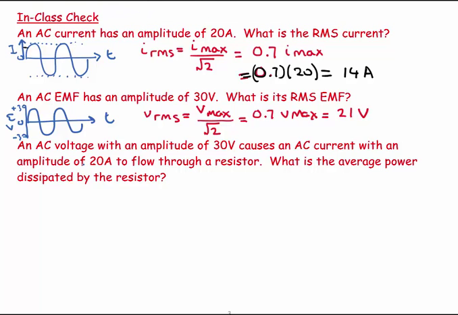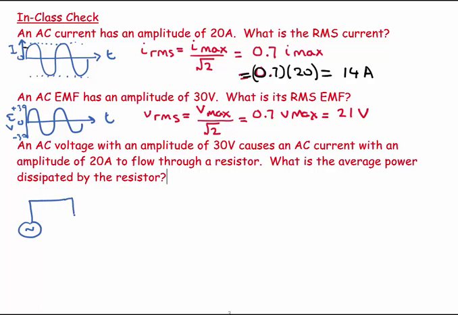In this third section it says an AC voltage with an amplitude of 30 volts causes an AC current with an amplitude of 20 amps to flow through a resistor. What is the average power? And here's one of the key reasons why we use RMS.